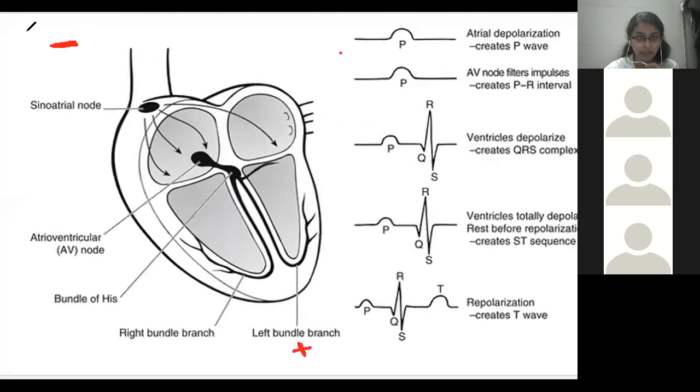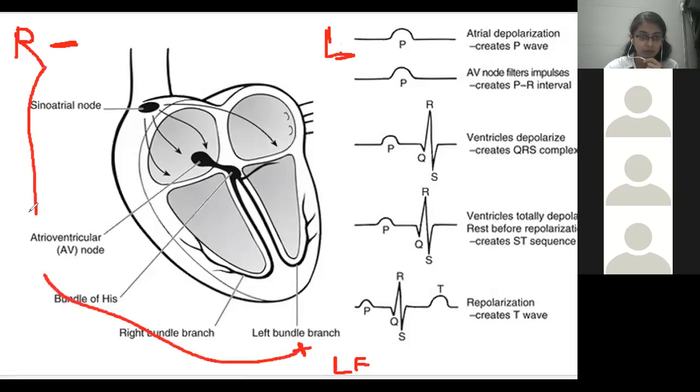This is your right arm. This is your left arm. This is your left foot. So lead 2 goes like this. The negative charge is here, positive charge is here. It is connected to a galvanometer, which will show you positive or negative reflection.